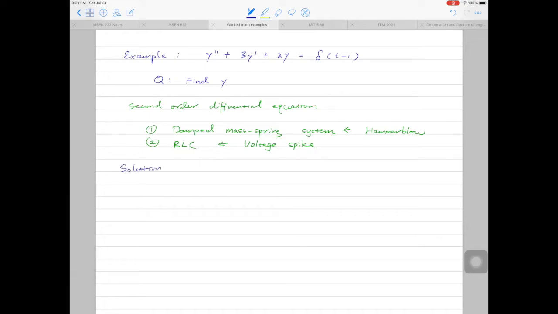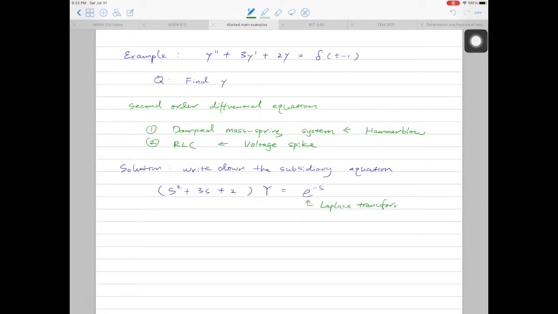To solve the question, we'll start by writing down the subsidiary equation, which is (s squared plus 3s plus 2) capital Y equals e to the power of minus s. The e to the power of minus s is the result of the Laplace transform of the Dirac delta function delta(t minus 1).